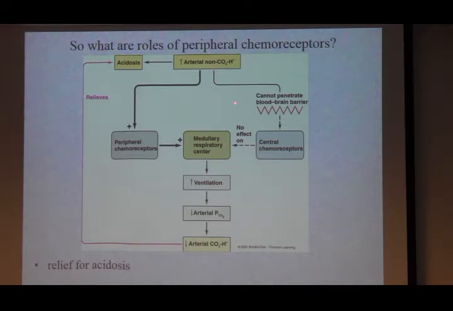The hydrogen ion levels in plasma go up, and you may say, well, the central chemoreceptors are going to respond to that increased hydrogen ion level because that's what stimulates them. Well, that's not the case, because hydrogen ions can't make it through the blood-brain barrier, so they have no effect on the central chemoreceptors. However, the peripheral chemoreceptors detect that elevation and then stimulate the activity of the DRG, which increases ventilation.